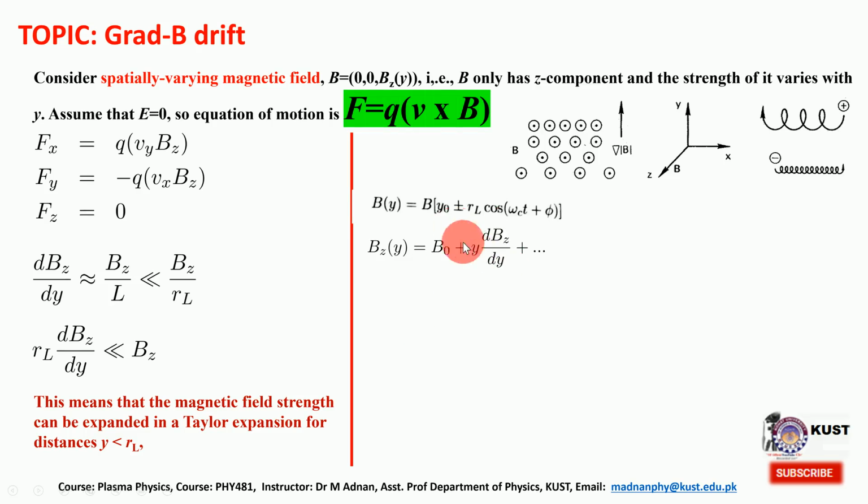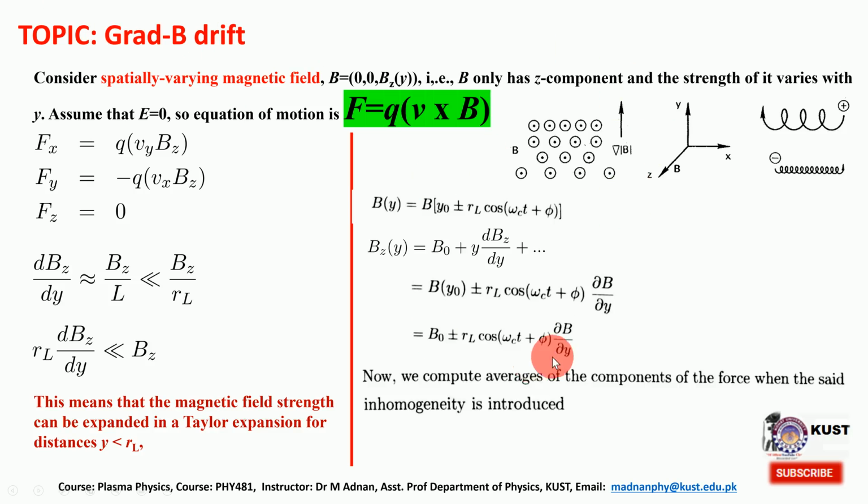Now if we put the y from the above equation and solve this magnetic field using the Taylor series, we'll have B naught plus y times the partial derivative of B with respect to y, since this gradient is there. Once there is no gradient, this goes to 0 and the B field will be equal to B naught, as we have discussed in the situation where there was no inhomogeneity and there was no Grad-B drift.